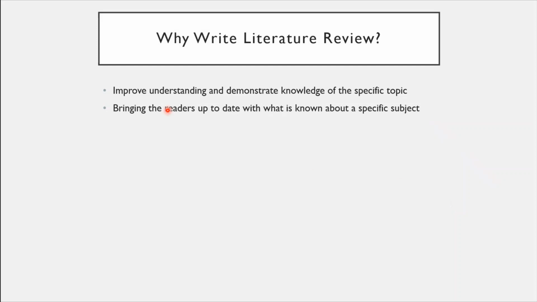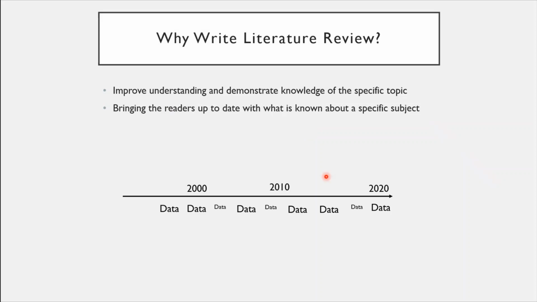They do that because literature reviews are useful in bringing readers up to date with what is known about a specific subject. Let's say a specific research has been done over the years, and there's a lot of data about this narrow subject, some important and some less important.